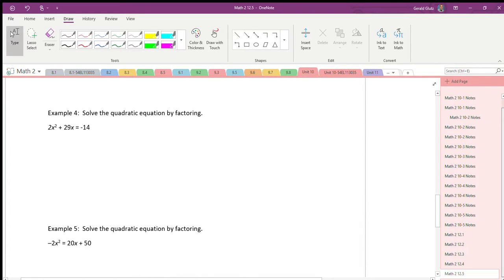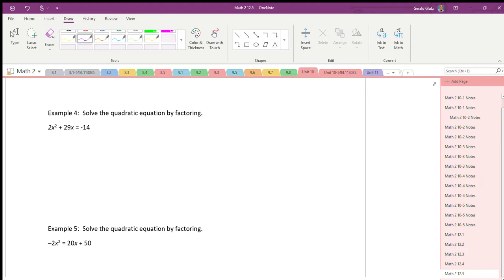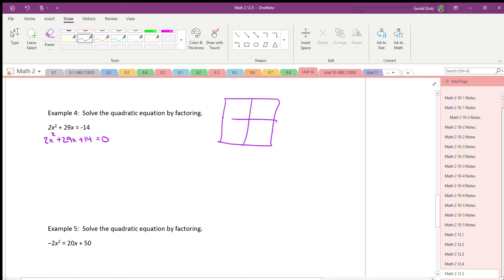All right, so on the next page, we're going to have to factor again. So first thing I will need to do is get one side equal to 0. So 2x squared plus 29x, if I add 14 to both sides, that becomes 0. So now I'm going to try to factor all of this.